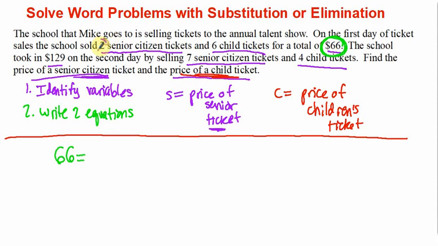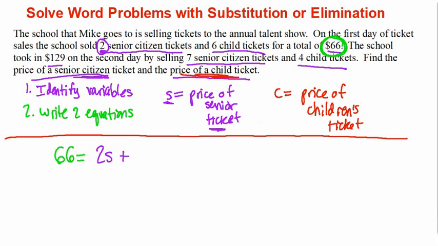We do know that they sold 2 of them though. So hopefully this will make sense to you. If a senior ticket cost $10 each, then if you sold 2 of them, you'd make 20, 2 times 10. If a senior ticket costs $100 each, if you sold 2 of them, you would make $200, 2 times 100. So if a senior ticket costs S dollars, that means if you sell 2 of them, you would make 2 times S amount of money.